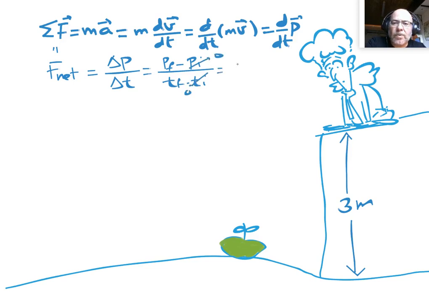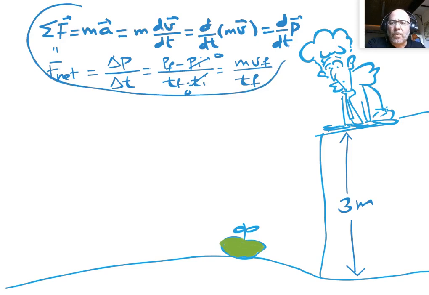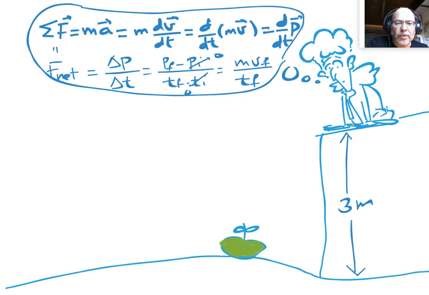So this will be m v final divided by t final, right? So this is what Sir Isaac Newton is thinking while he's looking down to get his delicious apple.